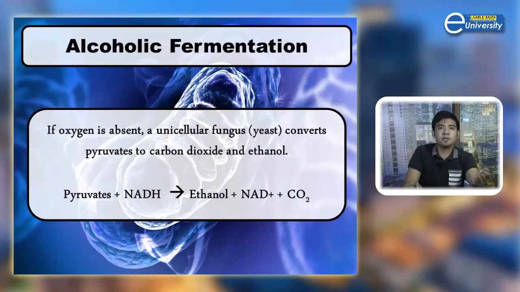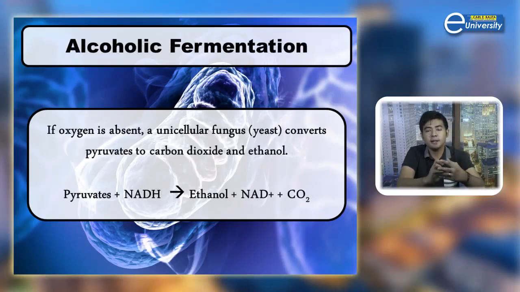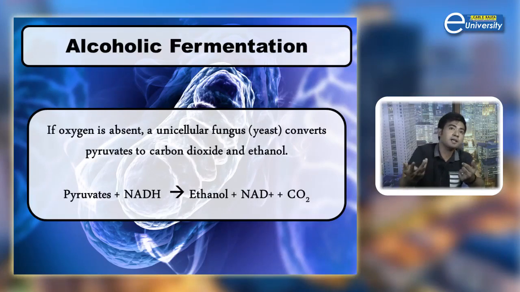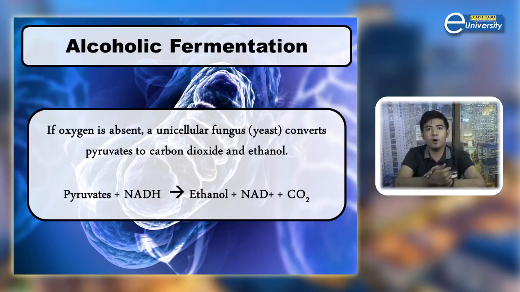Why bakers? Because the yeast is responsible for making the bread rise. In the diagram provided, as you can see, in the process of alcoholic fermentation, the bubbles which contain carbon dioxide produced by the yeast are inside the bread.